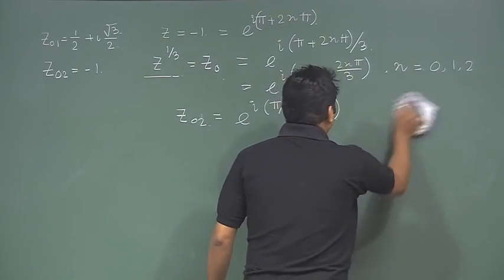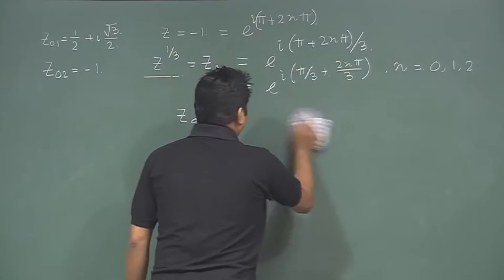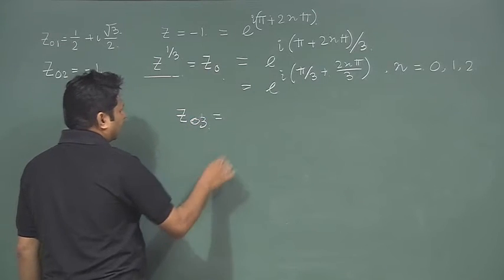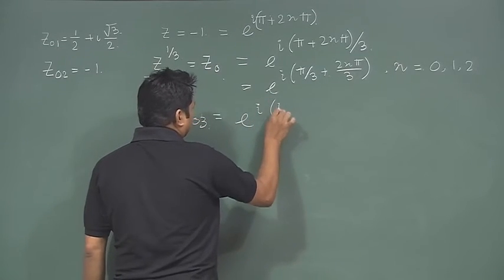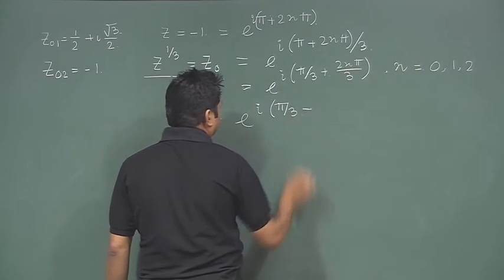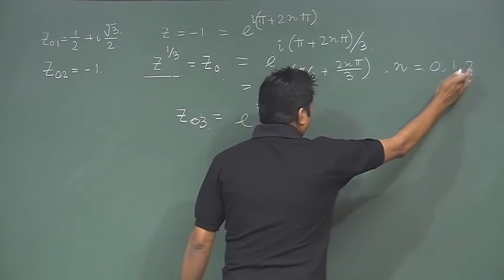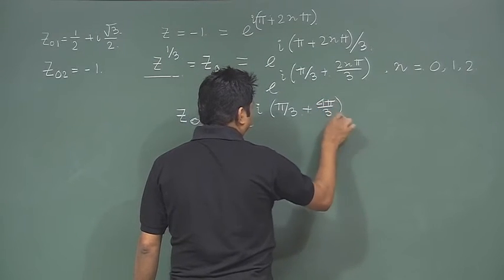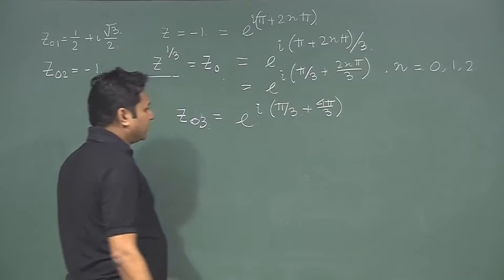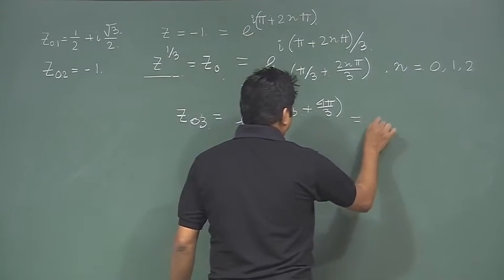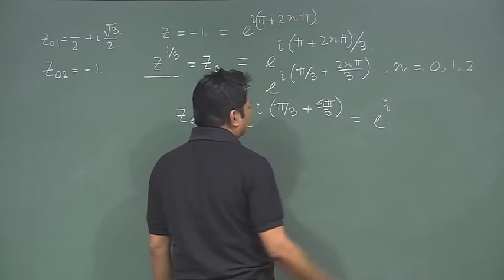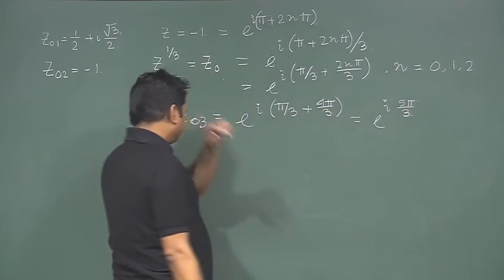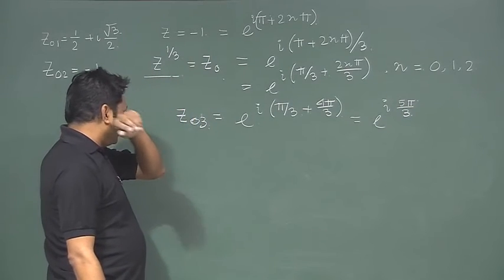What about the last root, z03? It is e to the power of I pi by 3 plus, now I put n equal to 2, it will be 4 pi by 3. So, it is nothing but e to the power of I 5 pi by 3, right, 5 pi by 3.